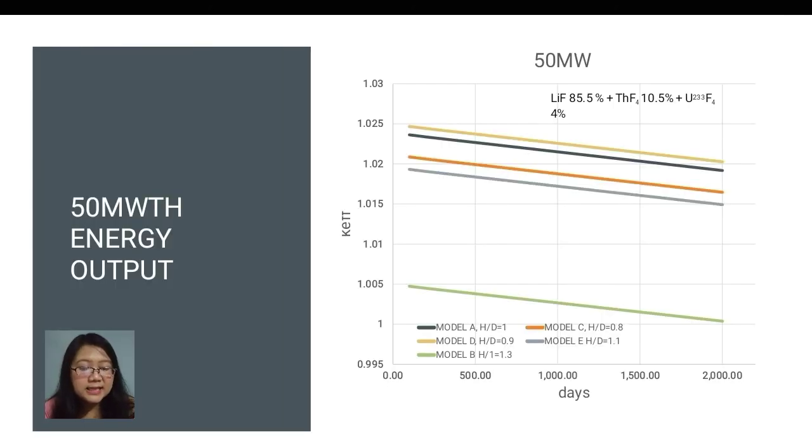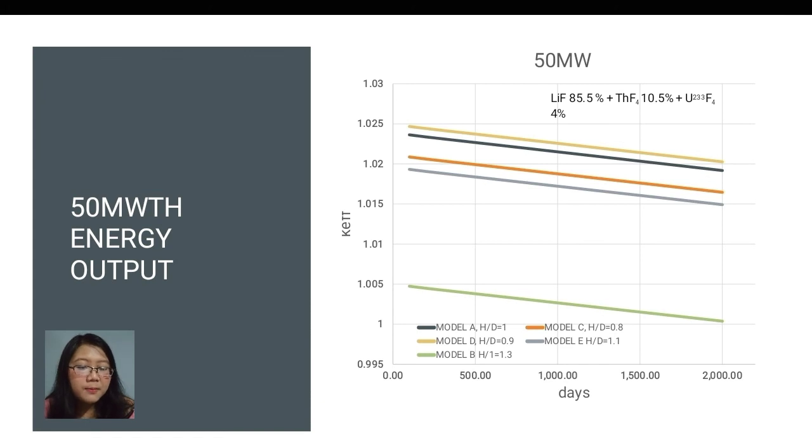And this is the effective multiplication factor for 50 megawatt thermal, and I would like to introduce you to the new composition that I use for this result, which is 85% of lithium fluoride, 10% of thorium fluoride, and 4% of uranium fluoride.